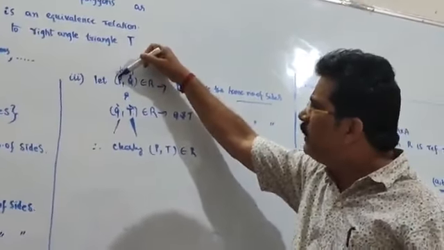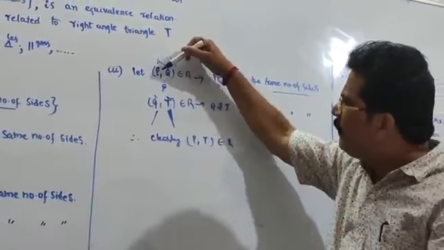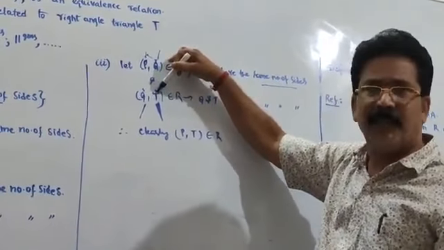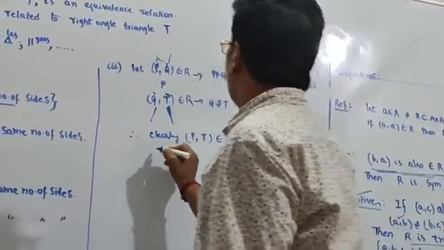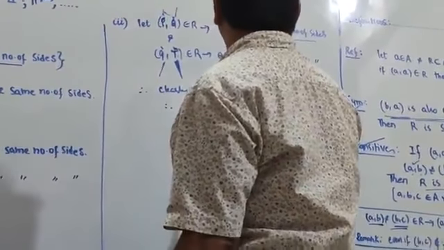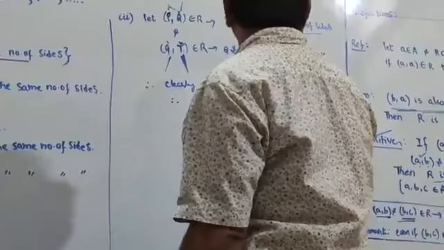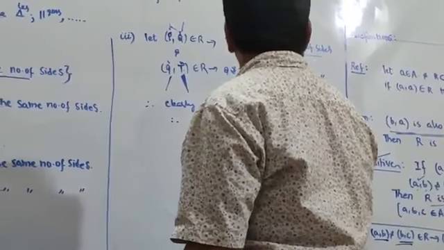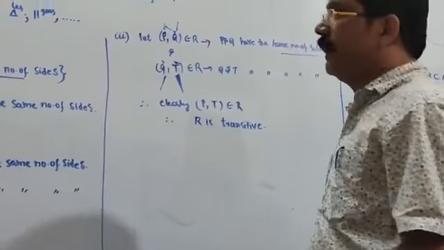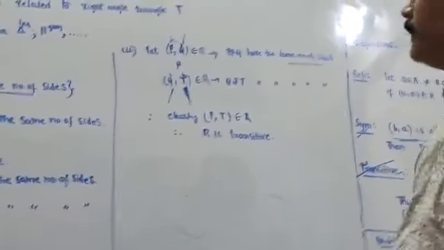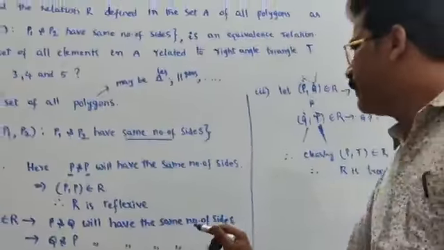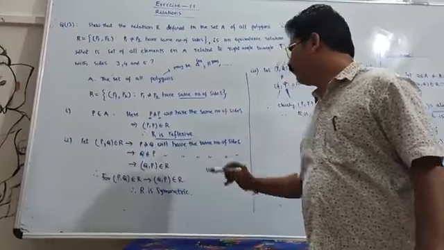If P is a parallelogram, then T will be the parallelogram. So therefore clearly capital R is transitive.